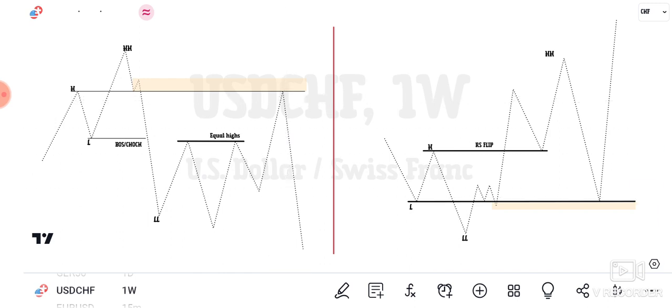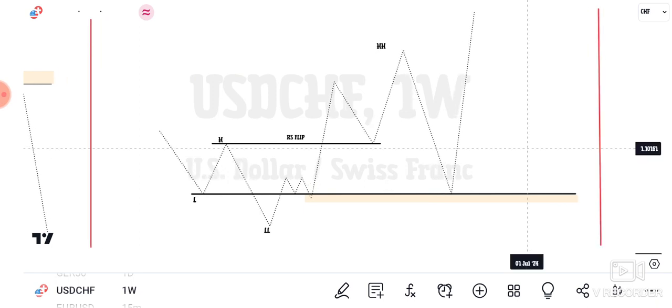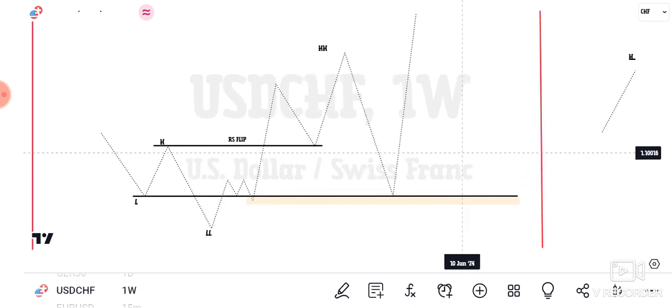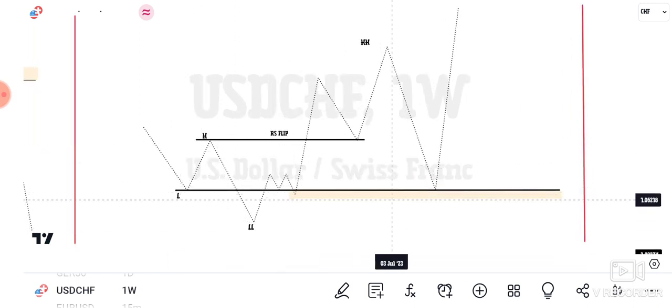That is example 1. So we have example 2, which is this one. They almost look the same, but it's quite advanced. So this is for the buys.